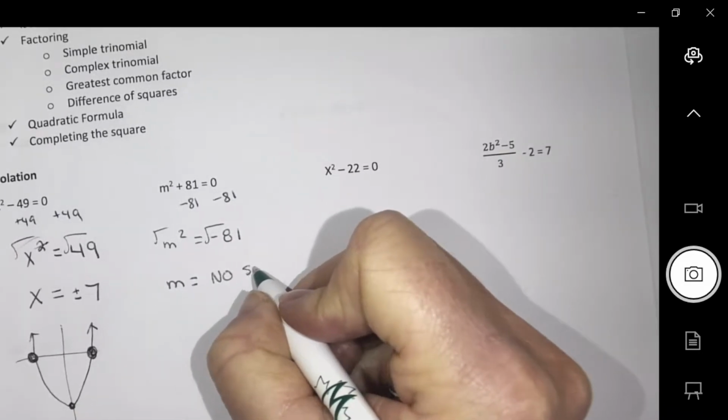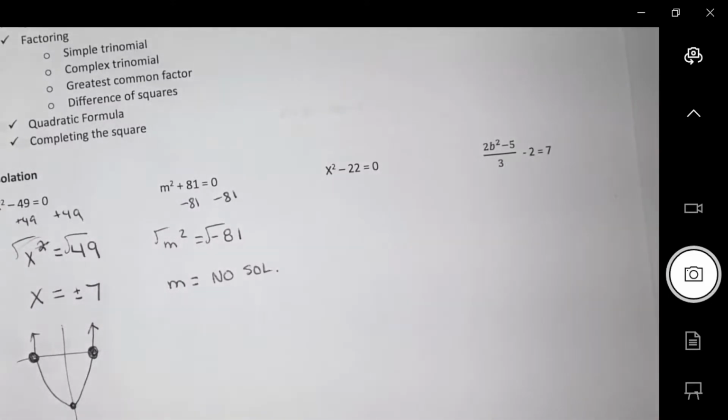So we're going to write this in math. There is no solution for m. There's no way we can make something work. Because you're thinking, well, 9 squared. Well, no, that's positive 81. Negative 9 squared. No, that's still positive. What's my visual representation in my mind?